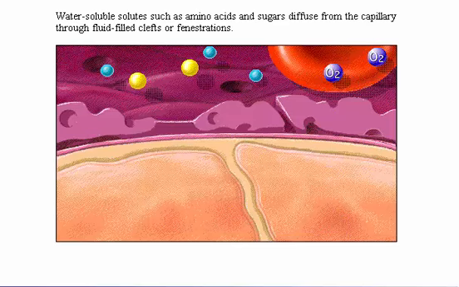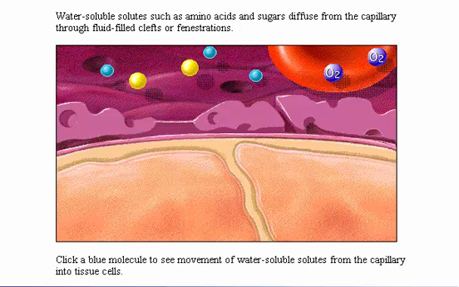Water-soluble solutes, such as amino acids and sugars, diffuse from the capillary through fluid-filled clefts or fenestrations. Click on a blue molecule to see how water-soluble solutes move from capillaries into tissue cells.